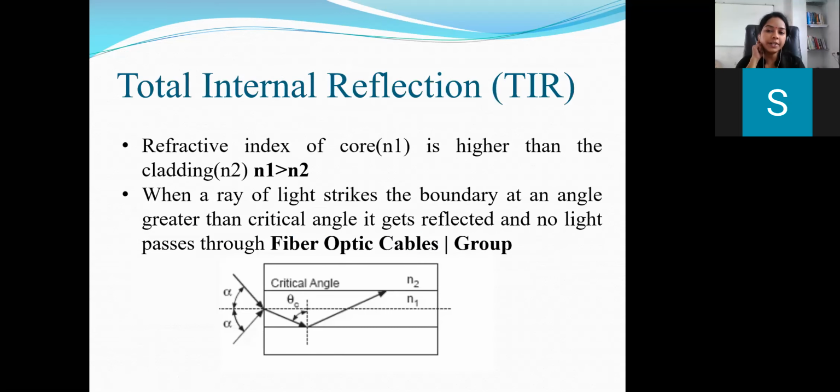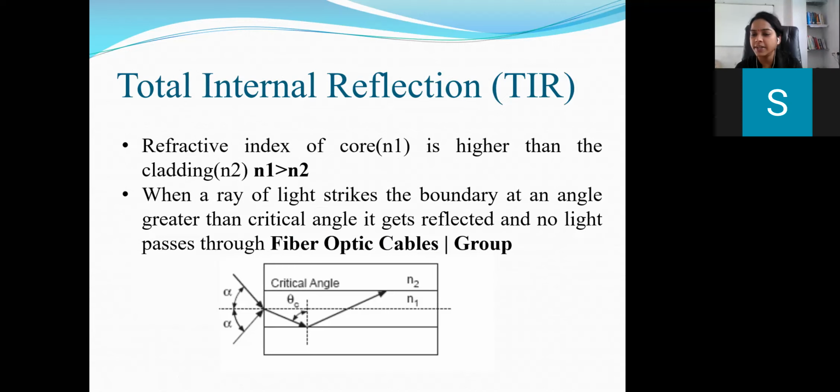So what is total internal reflection? You all know what reflection and refraction of light are. Whenever light rays fall on a surface, and here we use an optical cable, it is nothing but a glass tube.